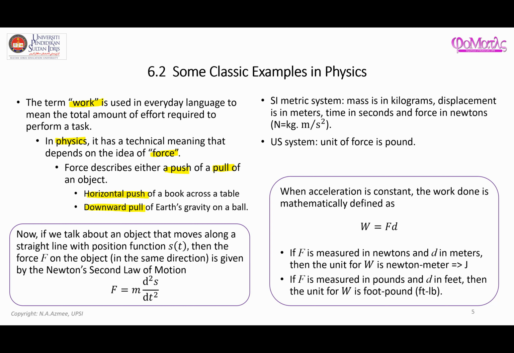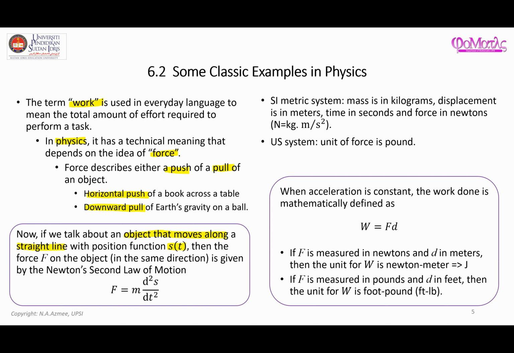Now, if we relate this idea of work and force with what you have seen in the previous video, with the scenario of an object that moves along a straight line where it has the position function described as s(t), this is the position function.